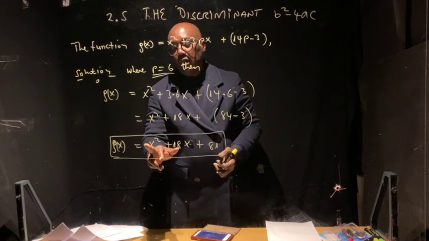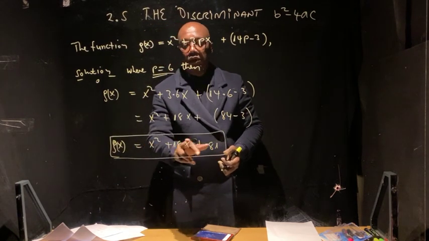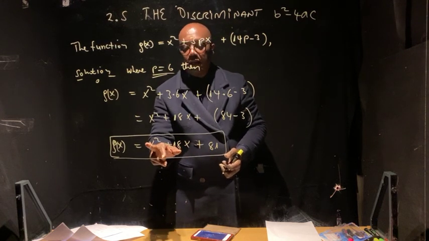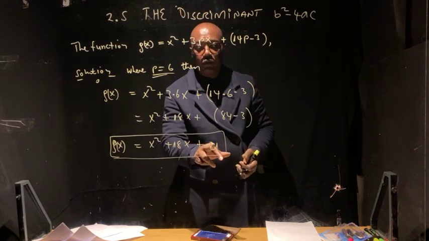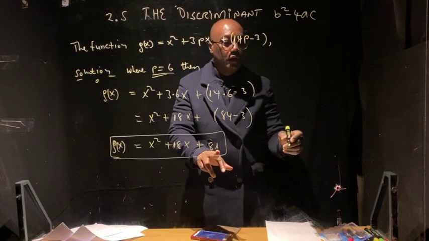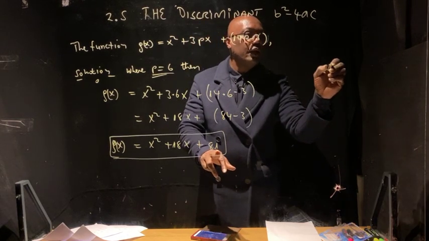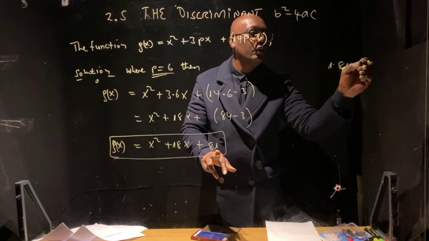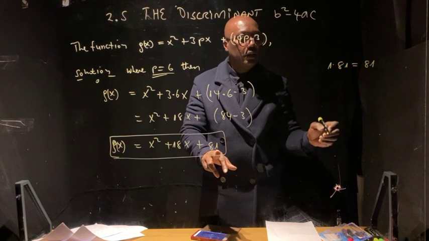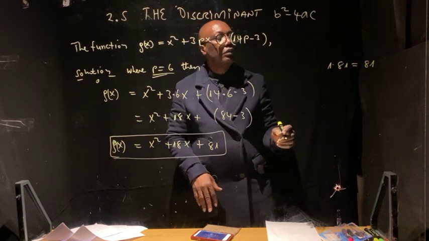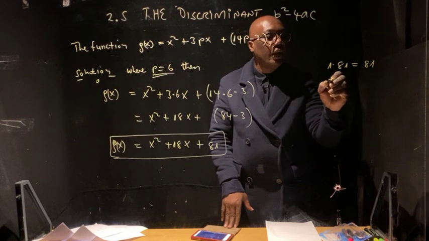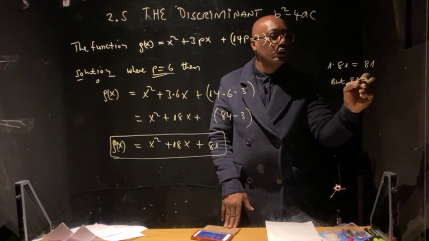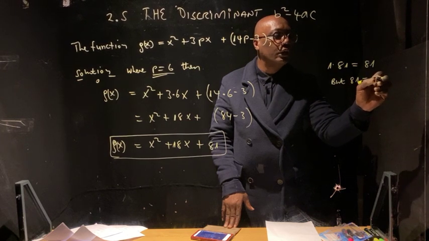If you pick up the coefficient and multiply it to the constant, 1 times 81 is 81. But 81 also equals 9 times 9.